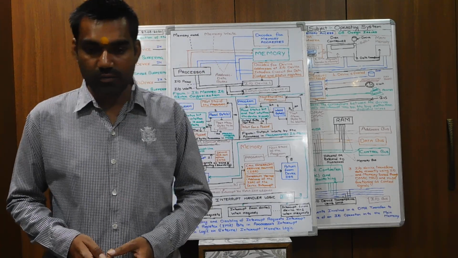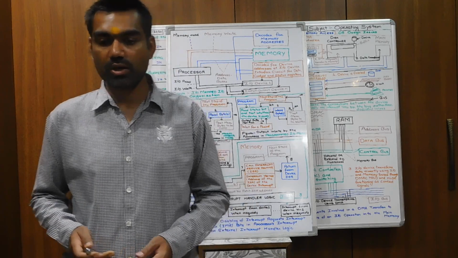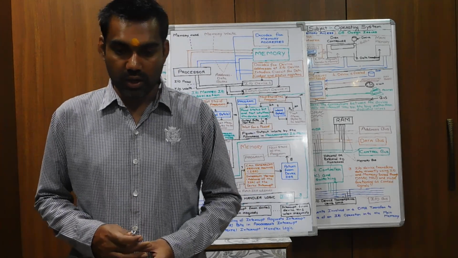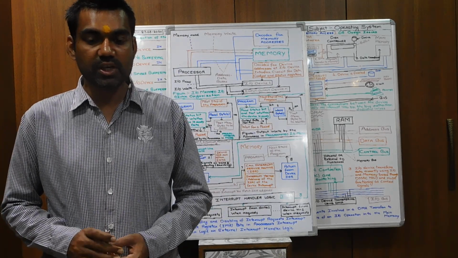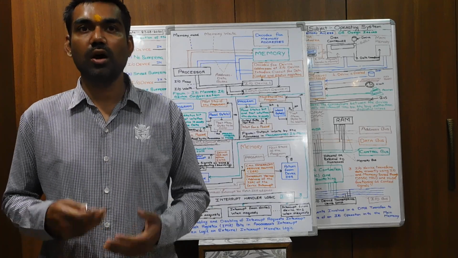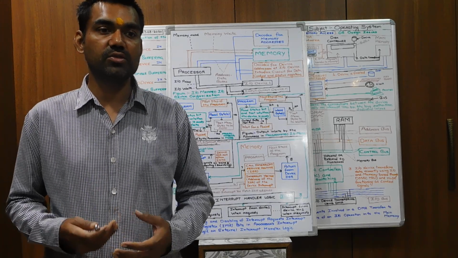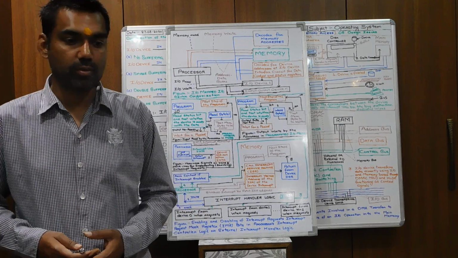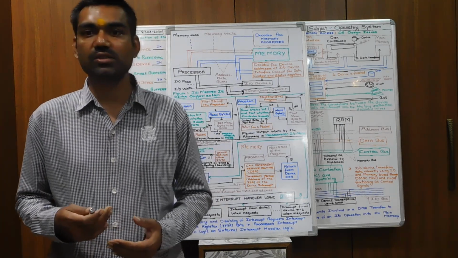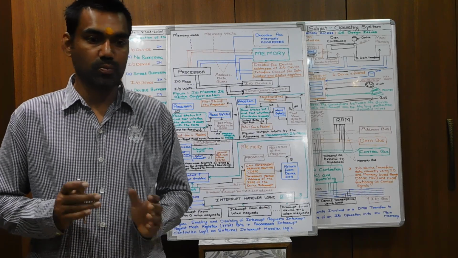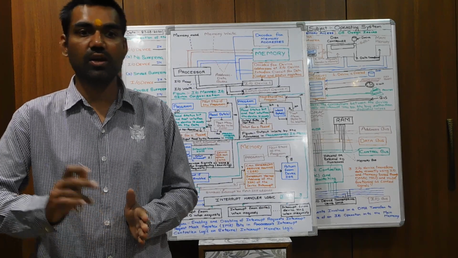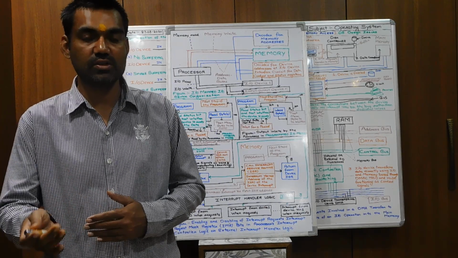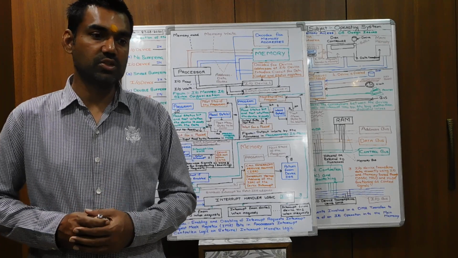Now the second part. A program is there, and this program will require an IO device. So how will things go? Program instruction will be there, and communication with the processor, this much is done.